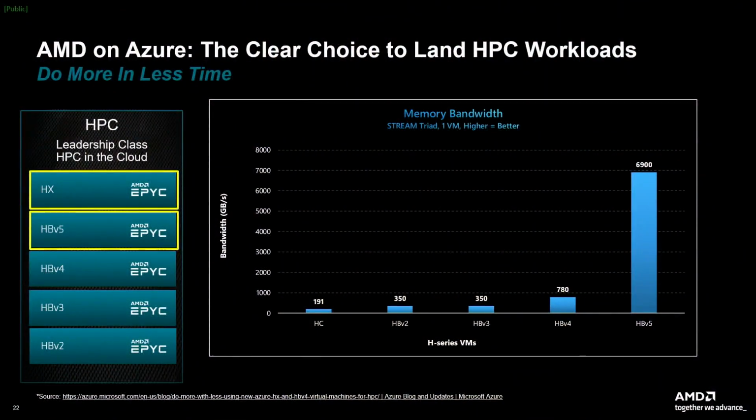And one other announcement that you may have seen, it's been at both the supercomputing and Ignite events, is this HPC offering, which again can be a very good fit for those models that I just showed. There's an instance called HBv5. It's not every day that you see a product that has a 7x improvement in memory bandwidth.